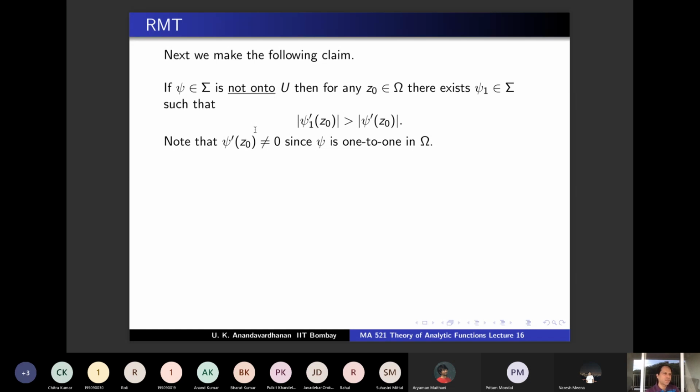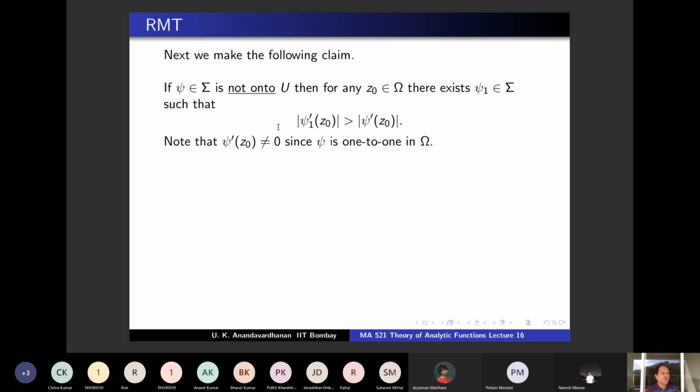That's where the complex analysis strength is going to come. We are going to use normal families in order to show that there is a function which will hit the supremum of these speeds. And that function has to be onto, and this is a picture to keep in mind. As you increase the speed, it is going to hit more and more points. So if you can find a function with the highest speed simultaneously everywhere, it has to be onto.